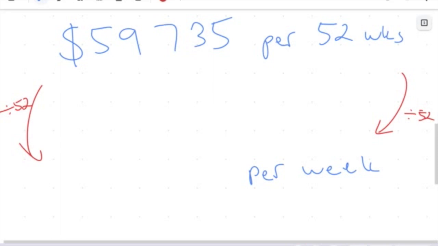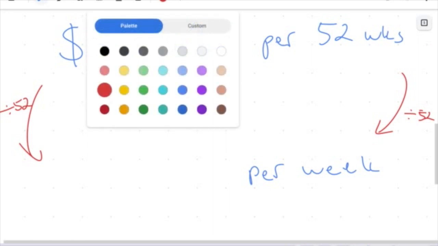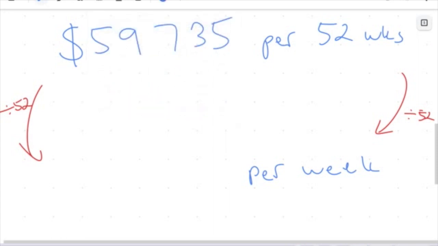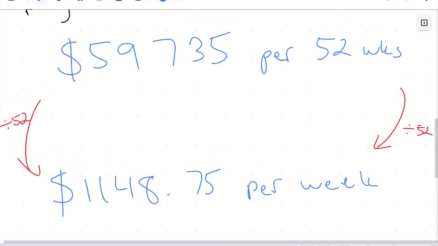Now, when I divide 59,735 by 52, that gives us approximately $1,148.75 per week. Okay, so now here we are finished.